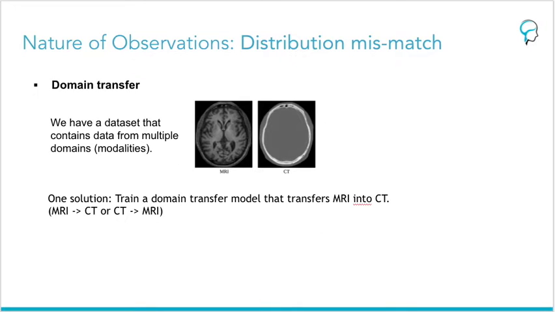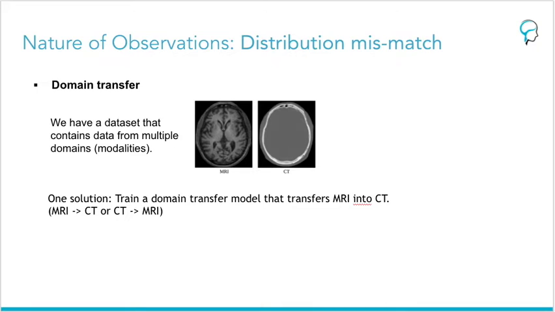Another popular method to deal with domain shift in medical imaging has been domain transfer. This is more useful if we consider different modalities as different domains. Assume in one hospital we have CT images, and in another hospital we have MRI.